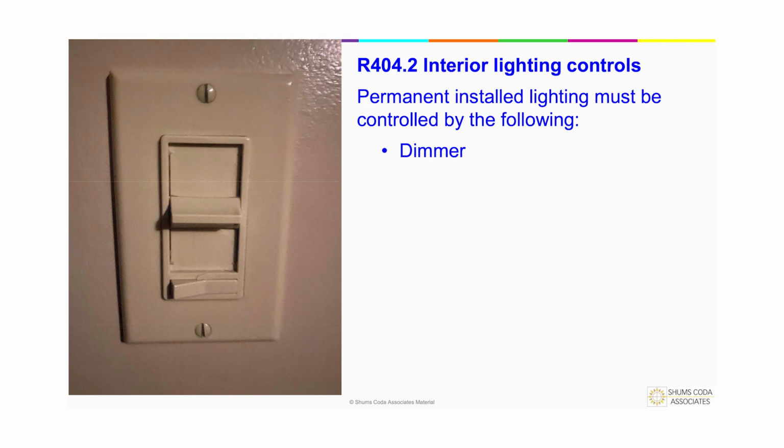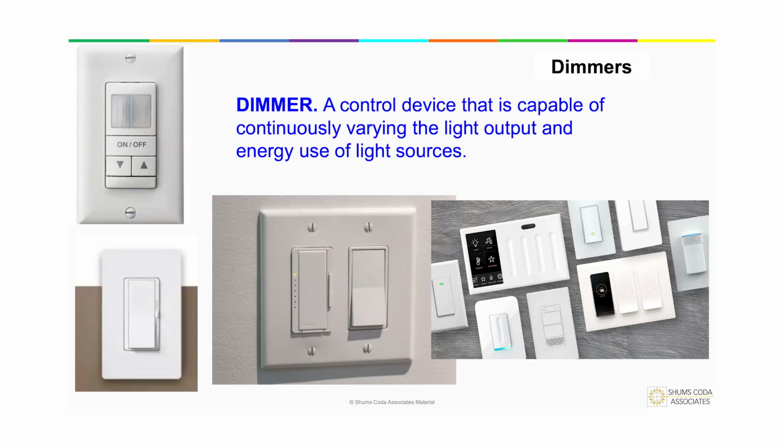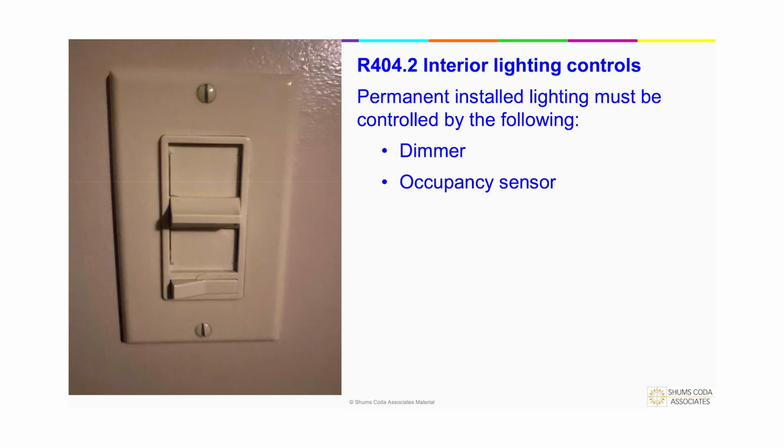All right, now let's talk about our interior lighting controls. So you are required to have controls. It has to be controlled by the following: a dimmer. Here's how the code is defining a dimmer: a device that's capable of continuously varying the light output and energy use of that light source. An occupancy sensor.